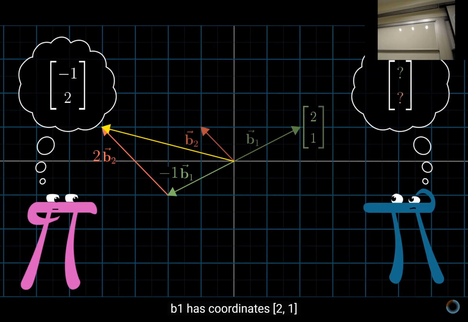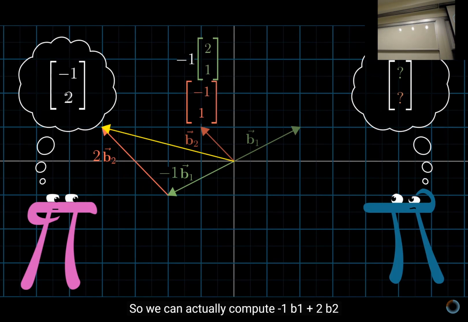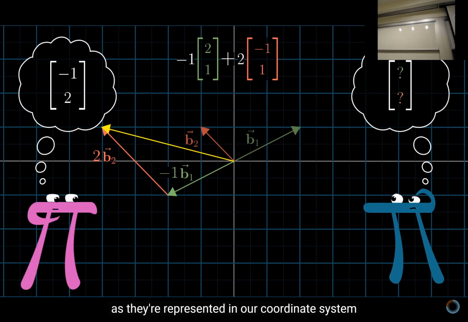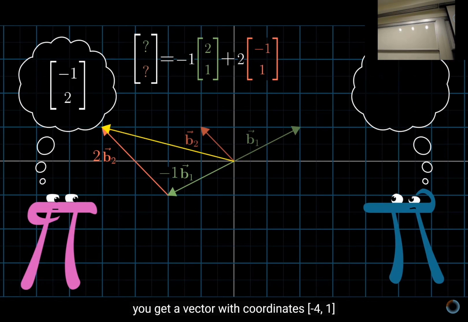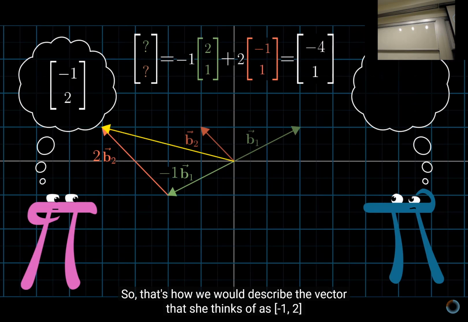And from our perspective, b1 has coordinates 2, 1, and b2 has coordinates -1, 1. So we can actually compute -1 times b1 plus 2 times b2 as they're represented in our coordinate system. And working this out, you get a vector with coordinates -4, 1. So that's how we would describe the vector that she thinks of as -1, 2.